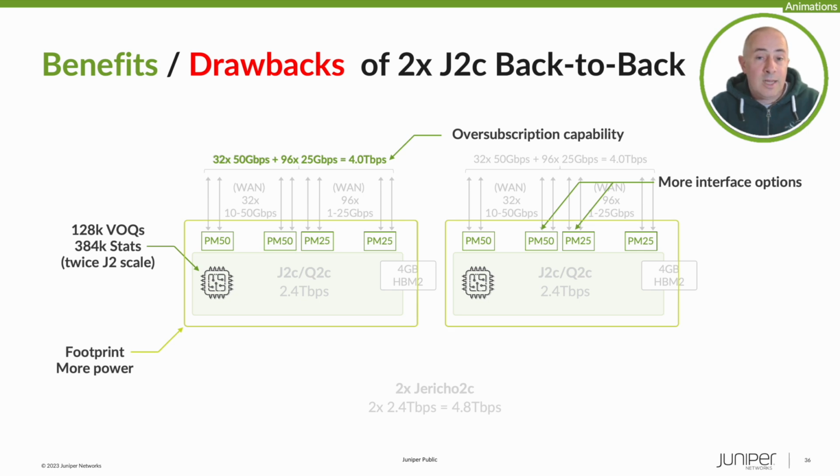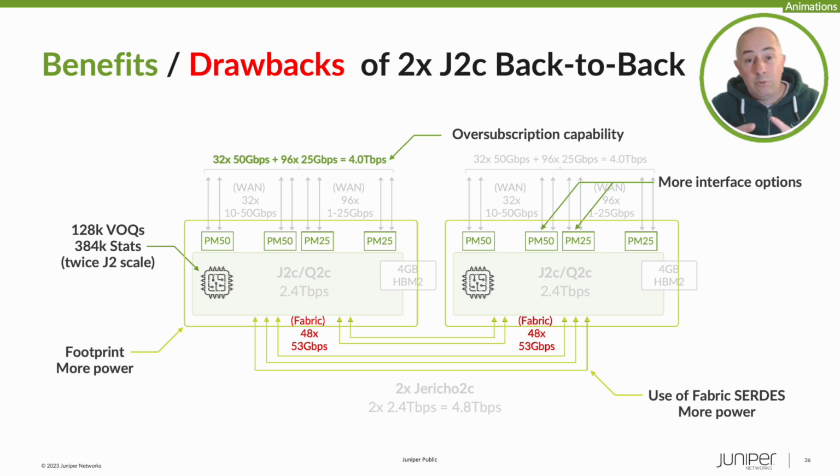But when we do that, we have to accept a larger footprint on the board, and also we're going to have to interconnect those 2 PFEs with fabric SerDes, and we're going to consume more power in the process. So that's a drawback that we accept to get more flexibility of interfaces, and that's something we don't do on the ACX7100.